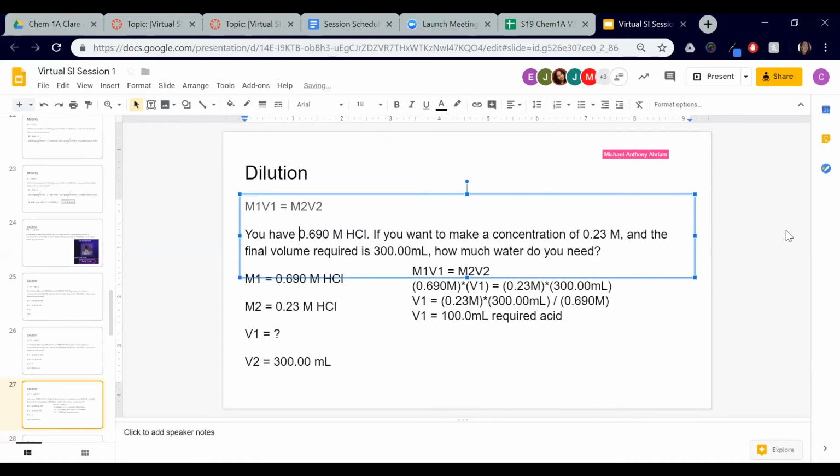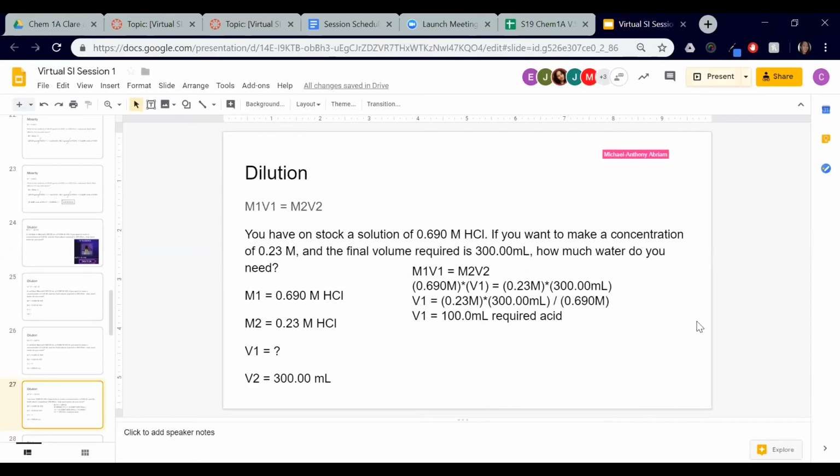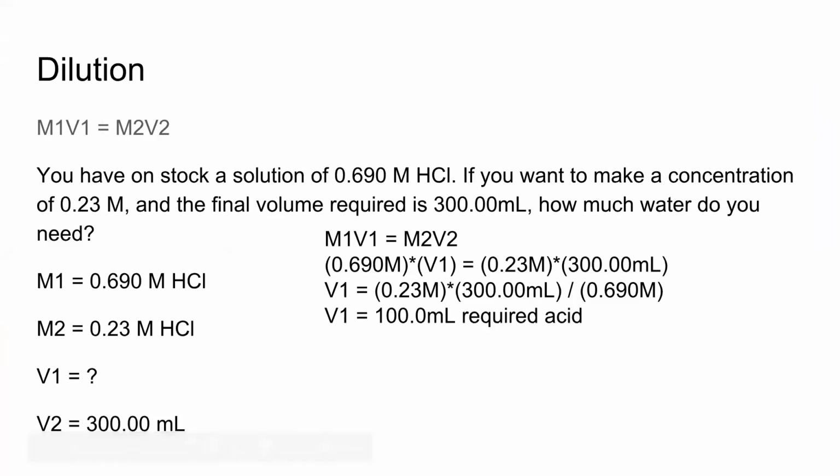You have a stock. Oh, okay. Because that's very misleading, I feel. The wording is very confusing. When I did it, they gave me those weird problems just to throw you off.